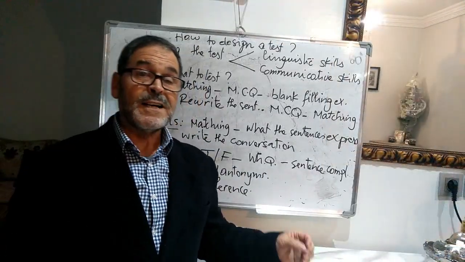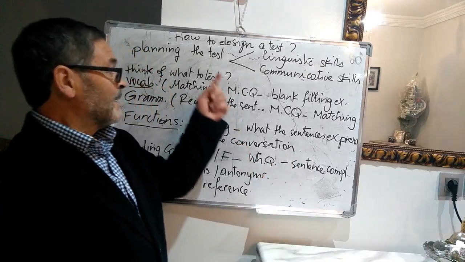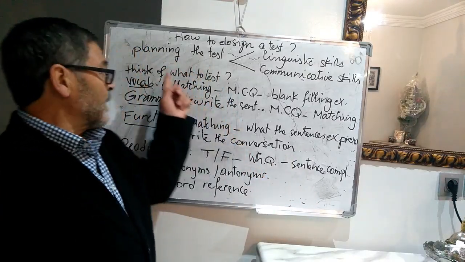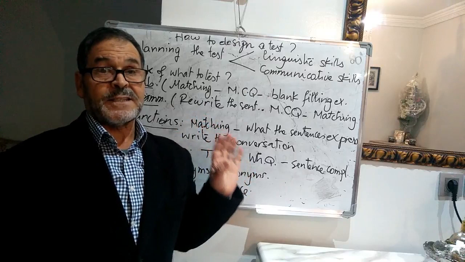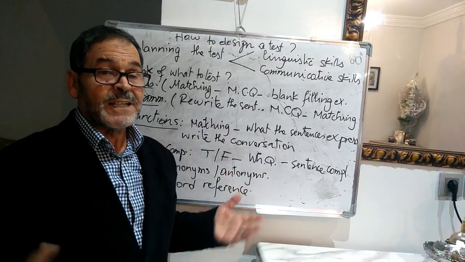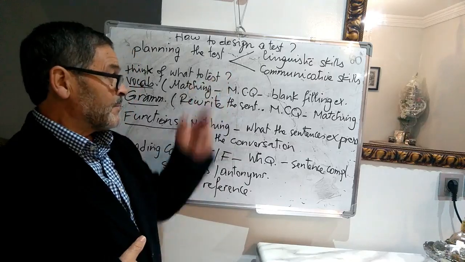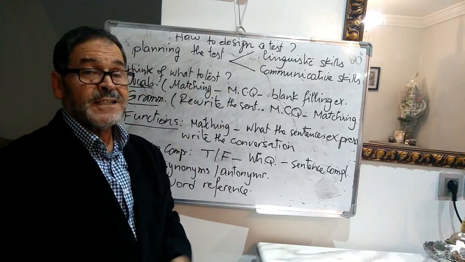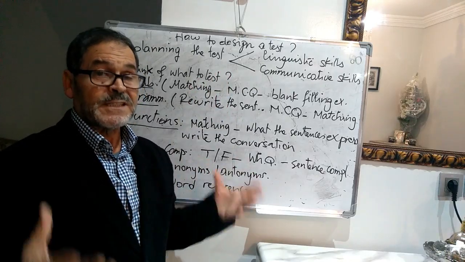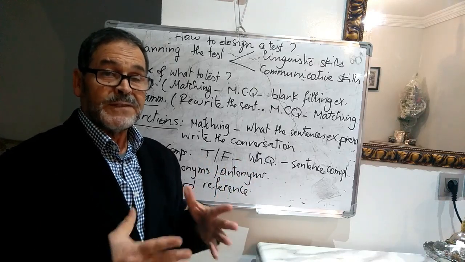How to design a test? As you see on the blackboard, first we plan the test. We shouldn't prepare at random, but we should plan what to test. We have two things: linguistic skills and communicative skills. Linguistic skills concern vocabulary, grammar, functions.